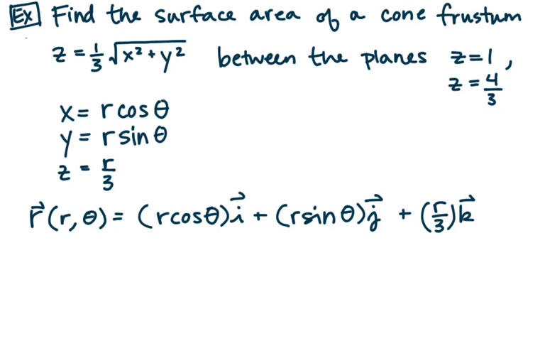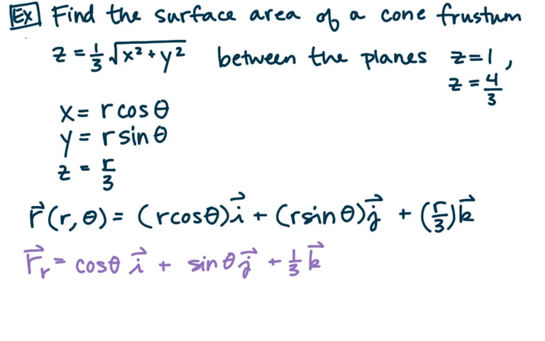So r partial r is going to be cosine theta i plus sine theta j plus 1/3 k. And then r partial theta is going to be negative r sine theta i plus r cosine theta j plus 0k.